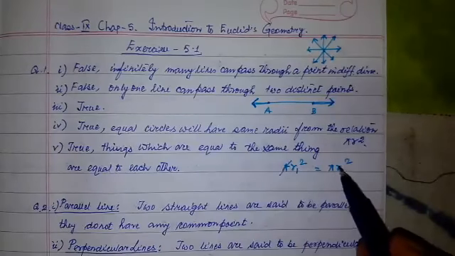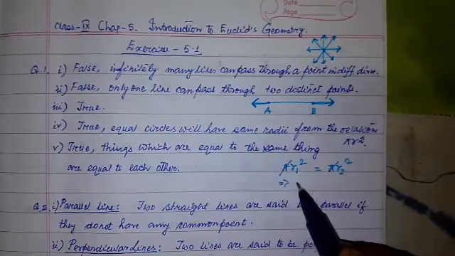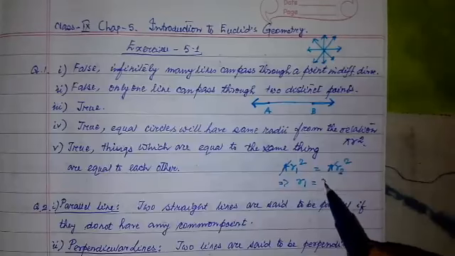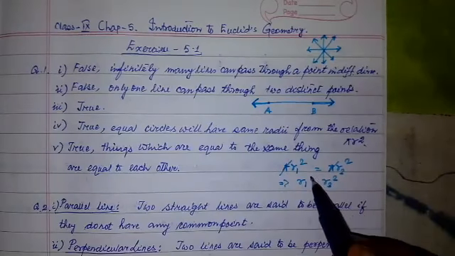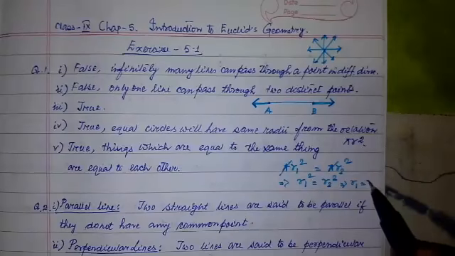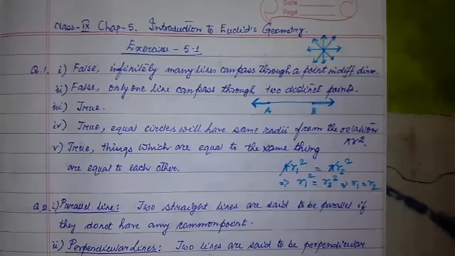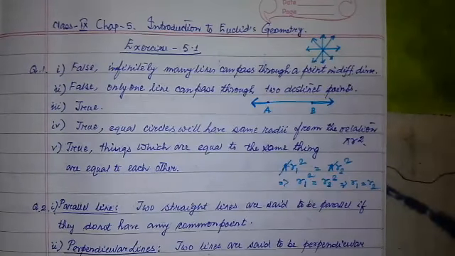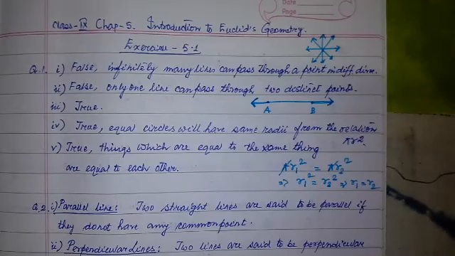Now pi cancels from both sides. This implies r1 square is equal to r2 square. This implies r1 is equal to r2. That is, if two circles are equal, then the two circles have the same radii.